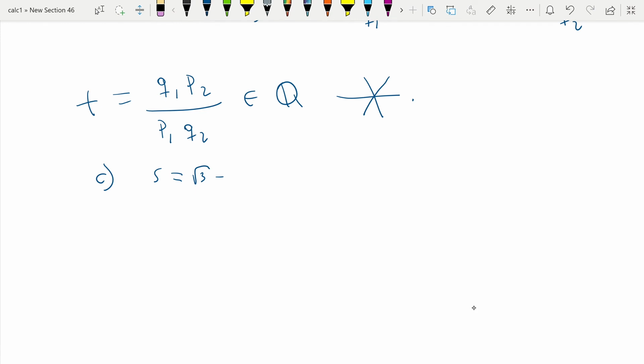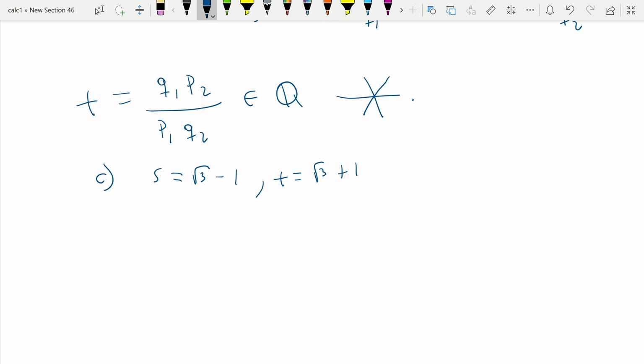Well, let's make it easier, because we already know that if we add an irrational number and a rational number, we obtain an irrational number. So let's pick S to be the square root of 3 minus 1, and then T to be the square root of 3 plus 1.